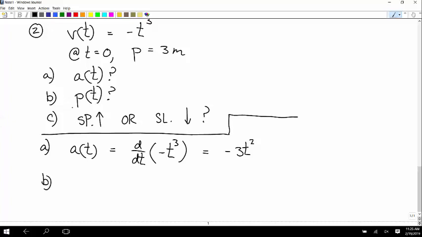Part B, for the position, now we have to integrate the velocity function. So this is the integral of negative t cubed dt. And that's equal to negative t to the fourth over 4 plus c.